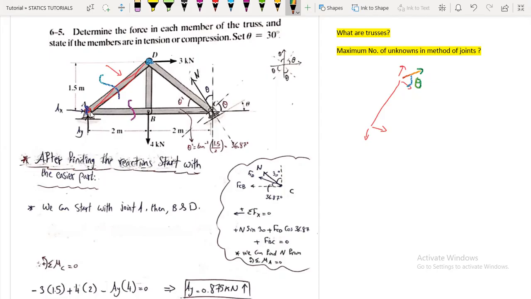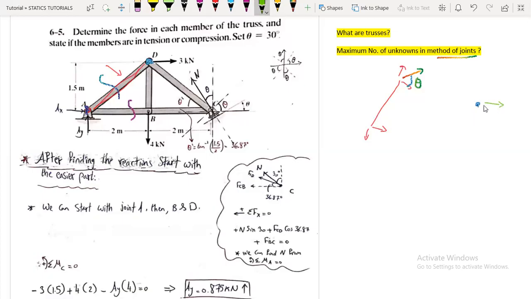So we have two methods, method of joints first of all, and later we'll talk about method of sections. Now, in the method of joints, at each joint we have two equations. We have said that rotation is allowed, so we don't have any moment.